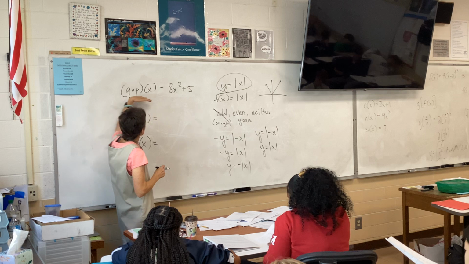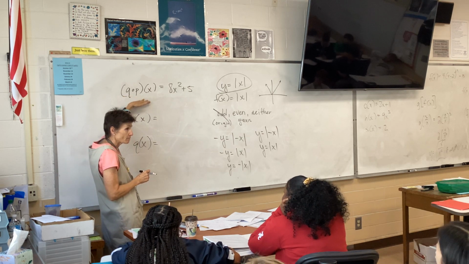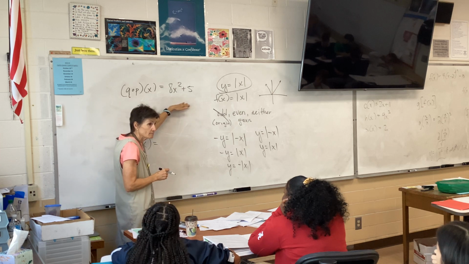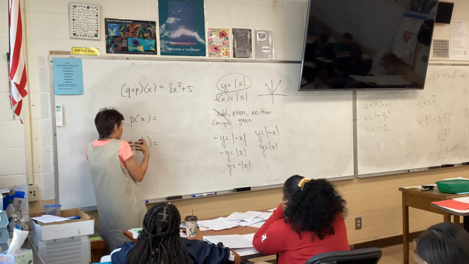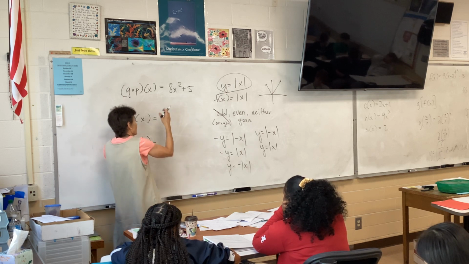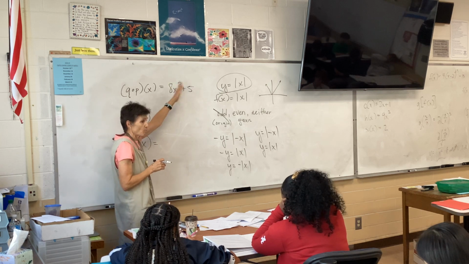In other words, somebody has built a composition. Here it is, and we are to determine what were the two little functions that went together to make that happen. Well, what's going on in this problem?